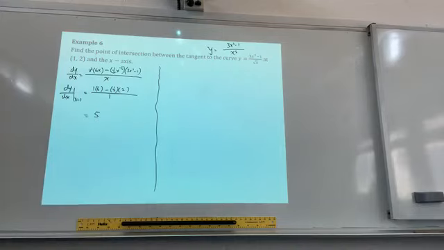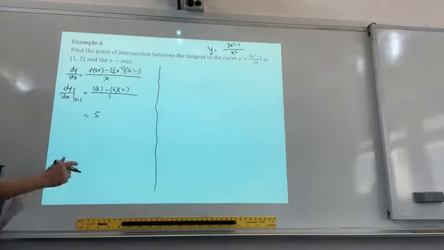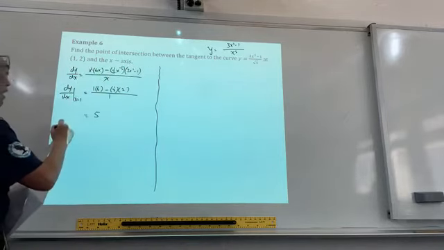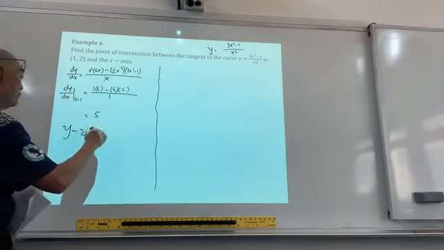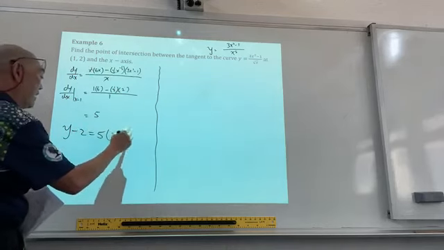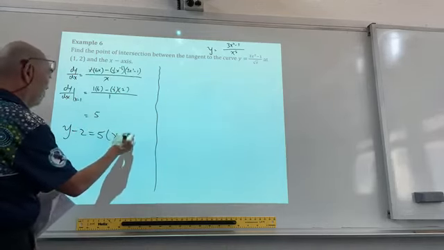Remember, in the exam, if you're not asked to simplify, just leave it. The examiner is looking at whether you use the quotient rule correctly, and then find the correct derivative. So therefore, y minus 2 equals 5(x minus 1).